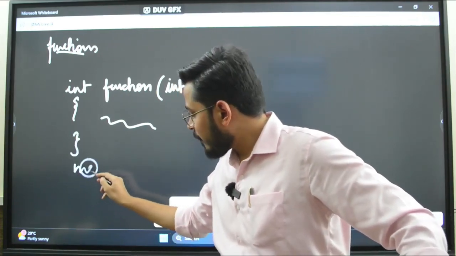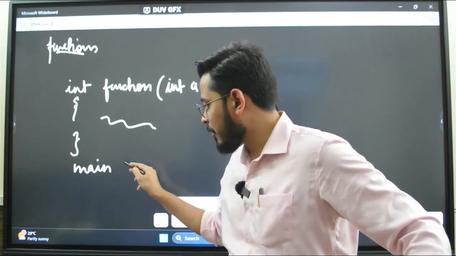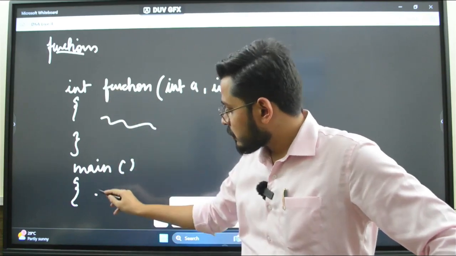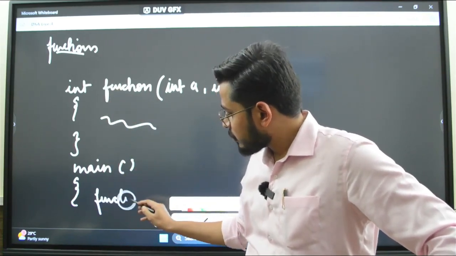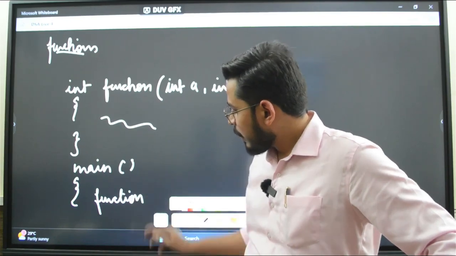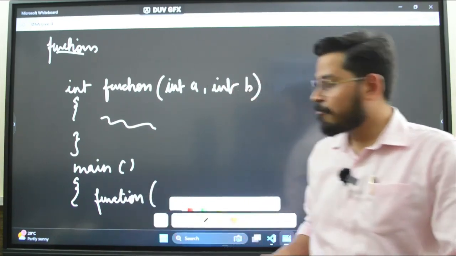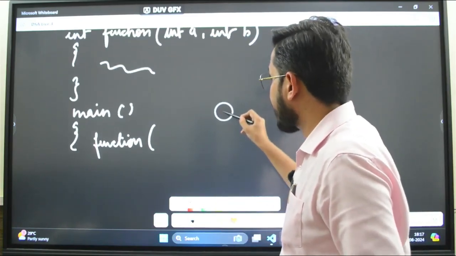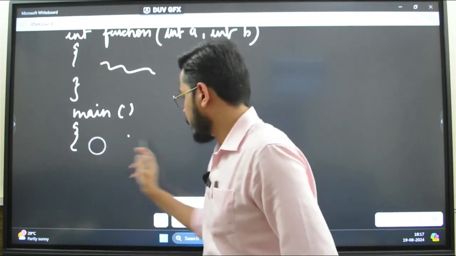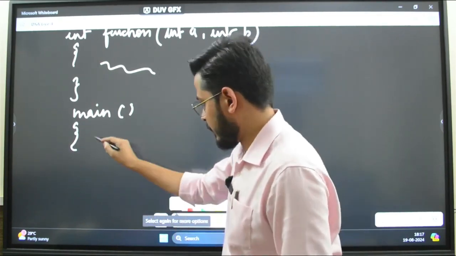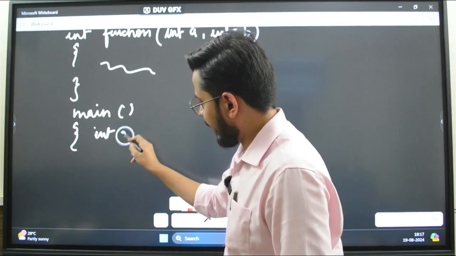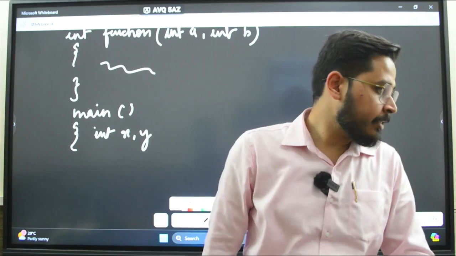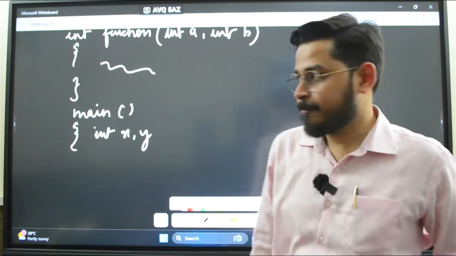From the main function now, let's say I have written my main function, and from my main function I am calling this function. Now I pass something. Let's say I have some variables, int x comma y.